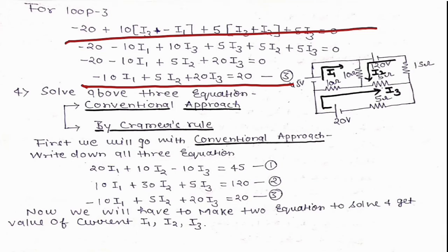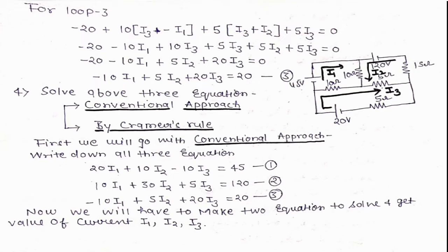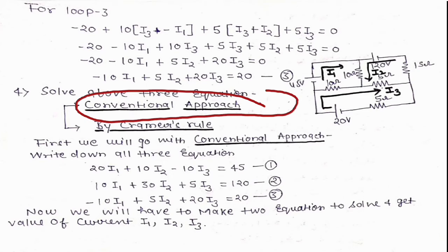Now next, we will have to solve these equations because we want I1, I2, I3. How can we solve this? There are two methods or two approaches. First is the conventional approach.